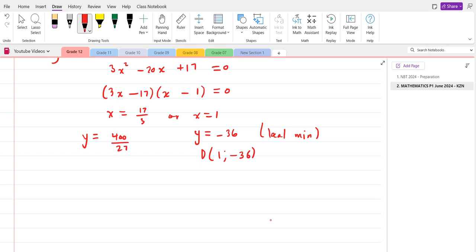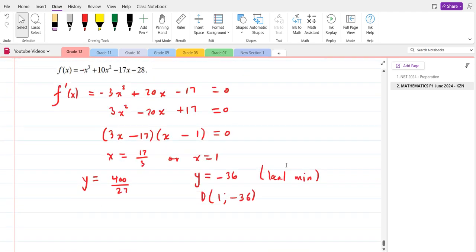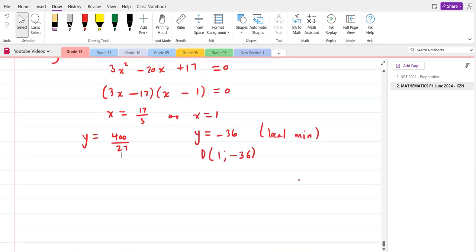Right, so what's the coordinates of what they said? D and E. E is the maximum, yeah. So at E we have a local max.